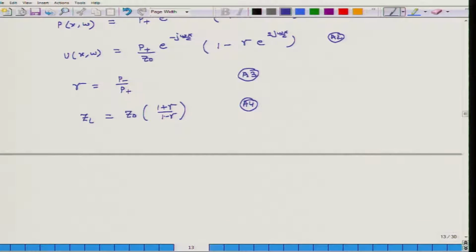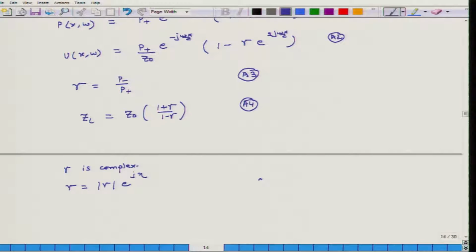Now, we realize that gamma is a complex number. So, it will have a magnitude and it will have a phase. I can express gamma as its magnitude, modulus of gamma, times exponent j eta.